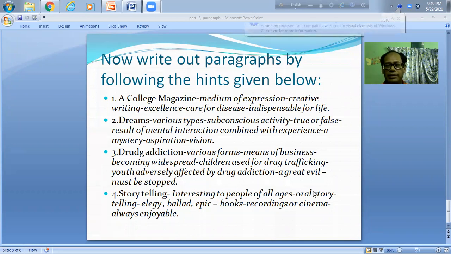So, creative writing, we have already said about creative writing. Creative writing means creativity. Creativity is shown in writing a short story or poem, because you have to master techniques regarding writing a short story and poem.